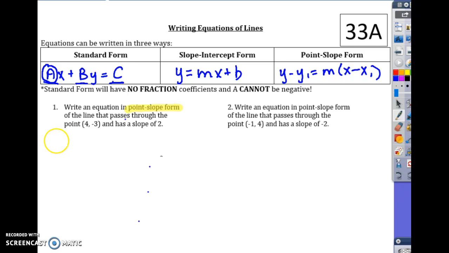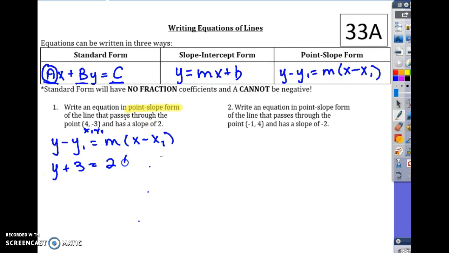So point-slope form, we set it up as y minus y sub 1 is equal to m times x minus x sub 1. Plugging in, we get y plus 3 is equal to 2 times x minus 4. And guess what? We are done. That's what it's asking for. So don't put it in slope-intercept form. Just follow the directions.